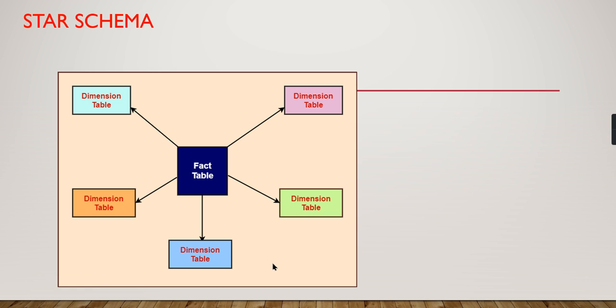For the same example, consider this as a sales fact table. This can be time, this can be product, location, reseller, whatever. These are the different dimensions. Once you identify them, you create this design and populate the data from your source tables.